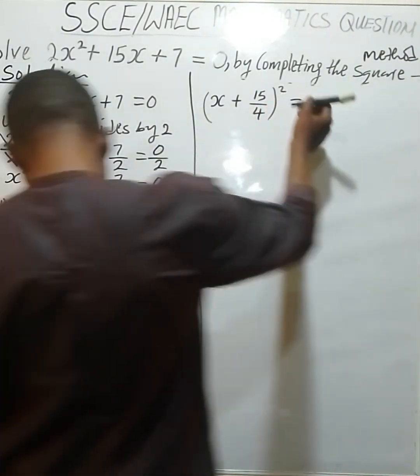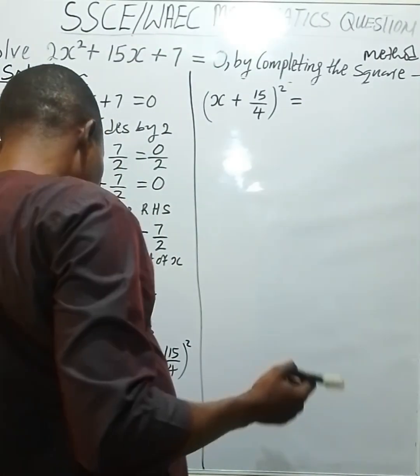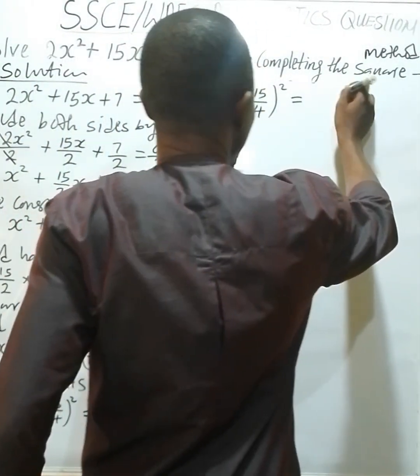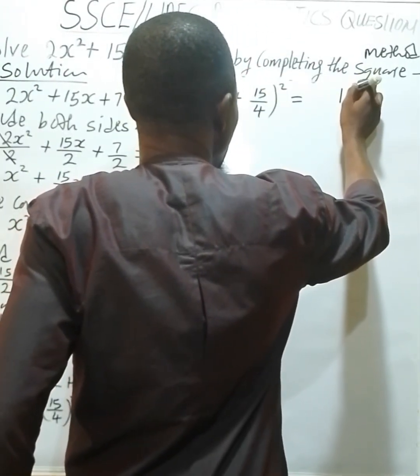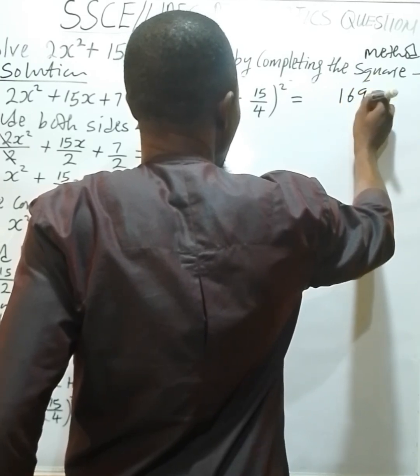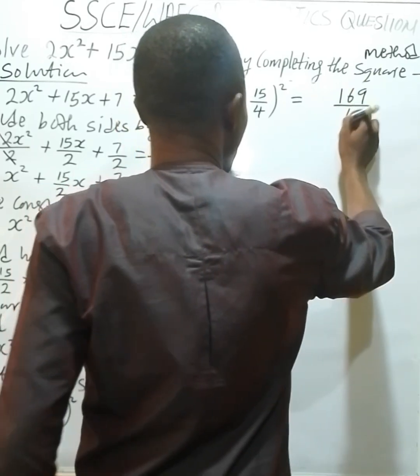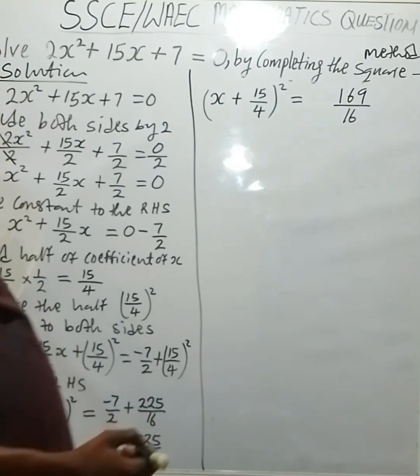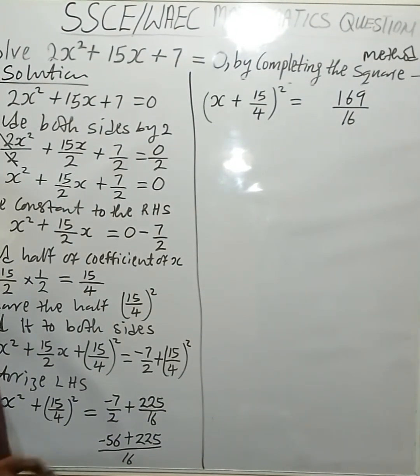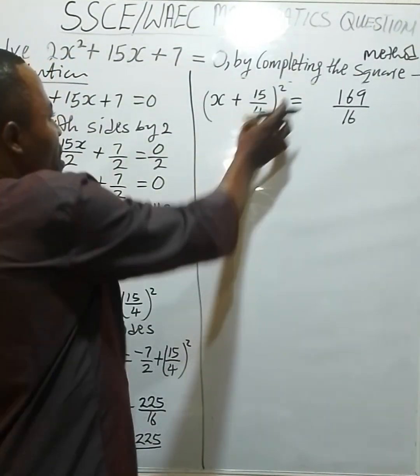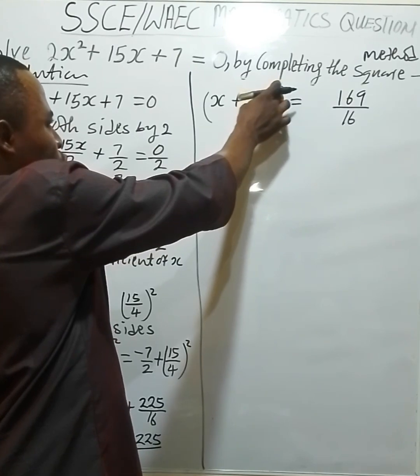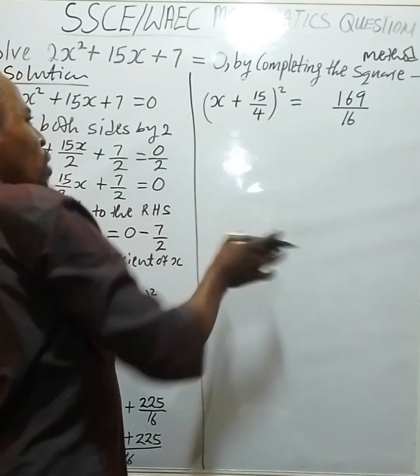So now it will equal minus 56 plus 225. It will give us 169 over 16. Are we together? That's what this one will give us. As we now have it, we have raised to power 2 here, which is square. We now want to cancel that square.